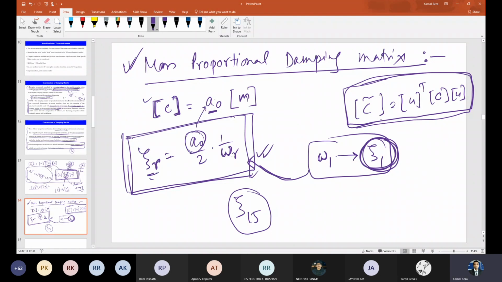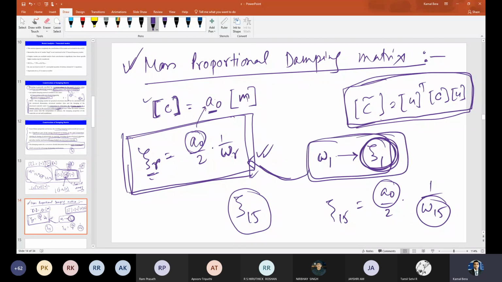So zeta r is equal to A naught by 2 into 1 by omega r, so zeta 15 is A naught by 2 into 1 by omega 15. This is known to you, the natural frequency of the system. This we have calculated from this information. You can calculate zeta 15, zeta 20, zeta 30, whatever, just by changing the frequency, right? Is it clear to you? Yes, sir.